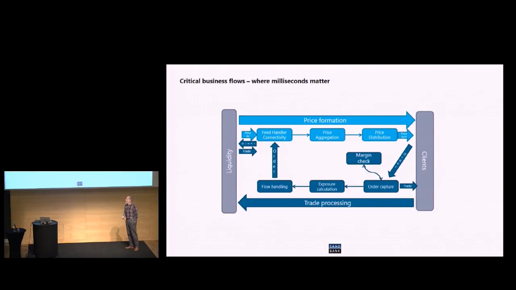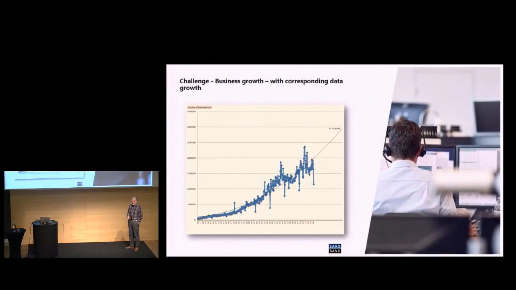So, that was a crash course in trading, and you can see there is also a challenge here of exponential business growth. This is a generic measure of number of business events per day over a period of time.